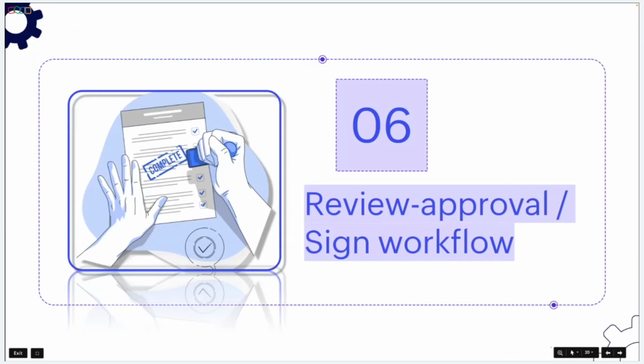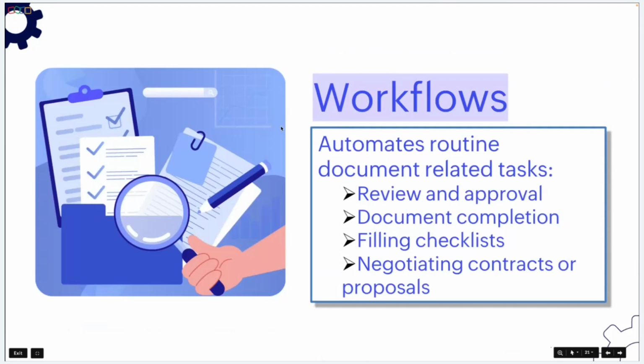The next segment is review, approval, or sign workflows. In every business, there is a main requirement to create a document which needs to be reviewed or approved before it goes to the final step. For example, if there is a sales team, they might be creating quotes or contracts which need to be approved by their sales manager before they get to their clients or customers.